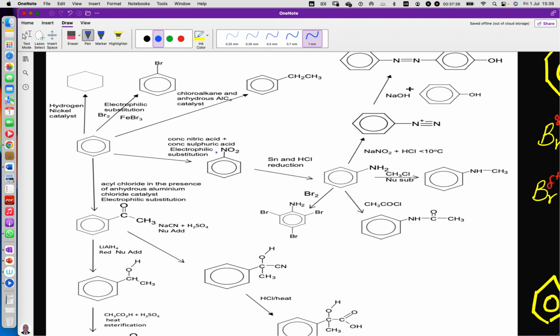So the electrophile, the nitronium ion, is now attracted to the rich benzene ring. Now, a pair of electrons in the rich benzene ring is donated to the nitrogen of the nitronium ion. And when it is donated like that, the ring is distorted, the ring is broken.